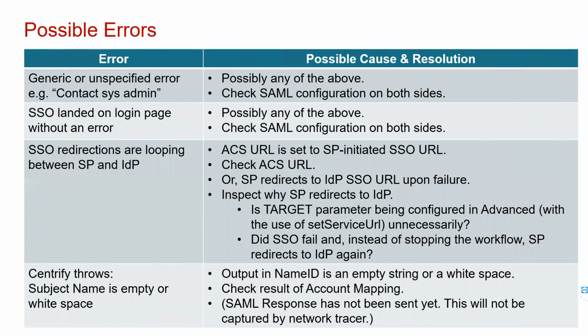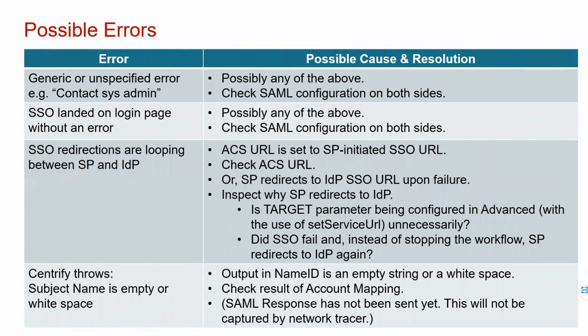As soon as you click on a SAML application, or programmatically click on it, if you get the error saying subject name is empty or white space, that really means the name ID value couldn't be found during SAML response generation per the account mapping configuration.